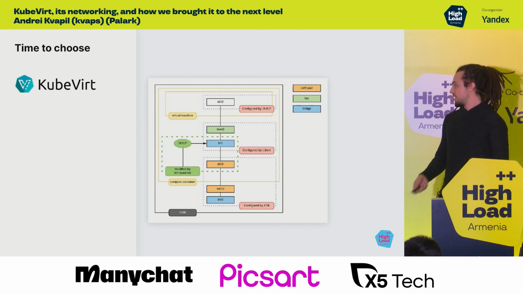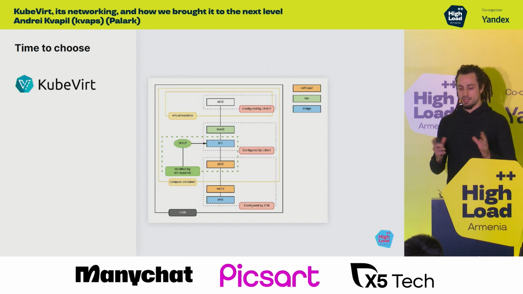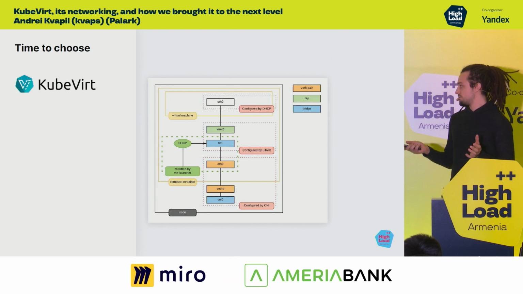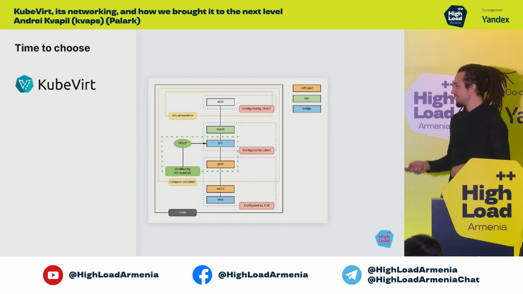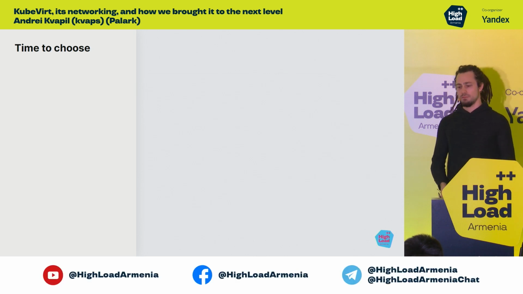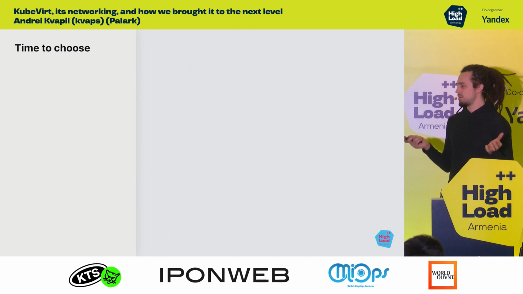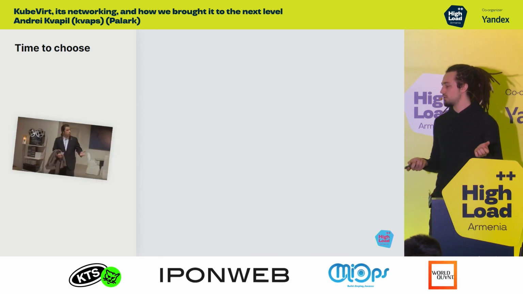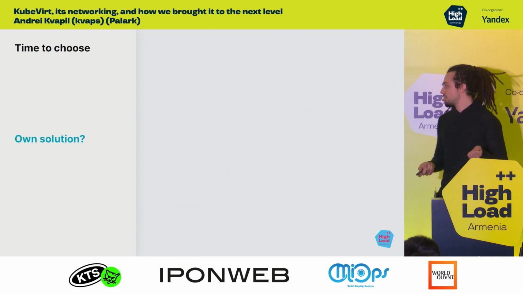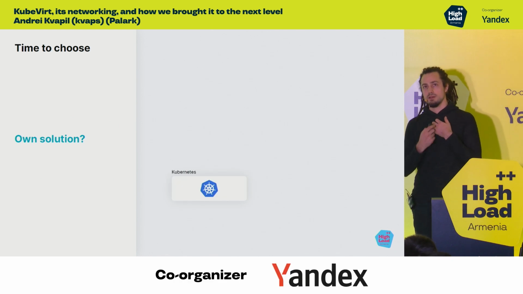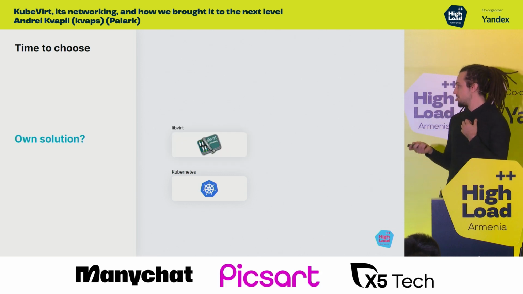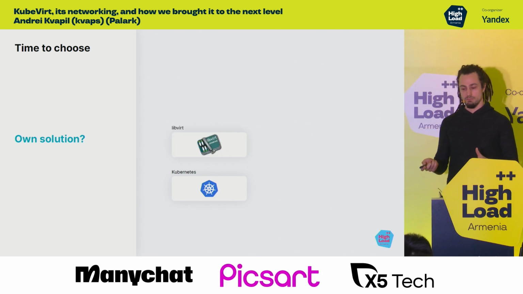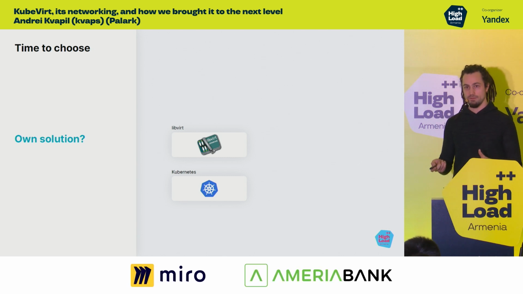But as a result, we have this difficult stack inside every pod to connect the virtual machine to the standard Kubernetes pod networking. So we found that there are no normal solutions. Probably we need to develop something new. Okay, how would we do that? We would take Kubernetes, because we love Kubernetes. We would take libvirt, because this is the main tool and main library for spawning virtual machines.